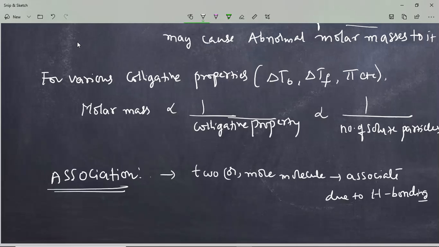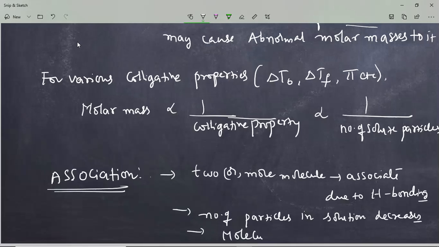Then the number of particles in solution decreases. When the number of particles decreases, the molar mass increases. That implies molar mass, or molecular mass, increases in such a case.